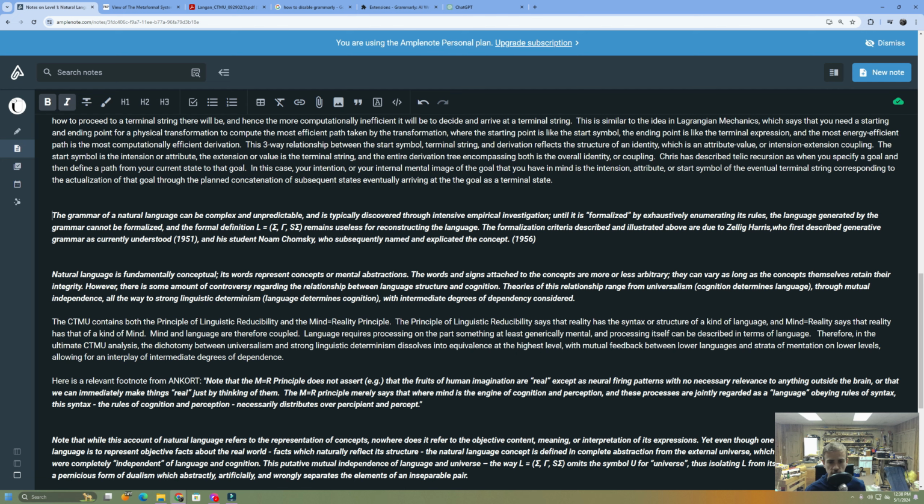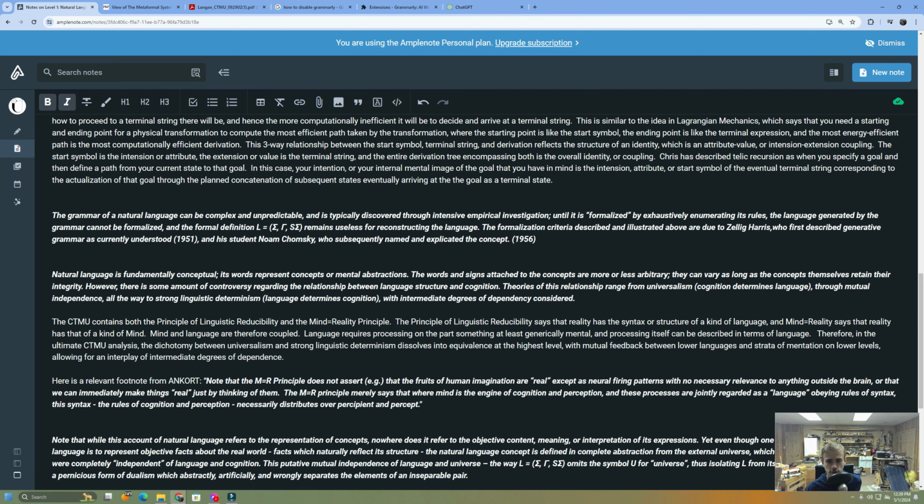I don't think I read this sentence properly. Let me just start over. The grammar of a natural language can be complex and unpredictable, and is typically discovered through intensive empirical investigation. Until it is formalized by exhaustively enumerating its rules, the language generated by the grammar cannot be formalized, and the formal definition L equals the alphabet, grammar and strings determined by the alphabet and grammar remains useless for reconstructing the language.